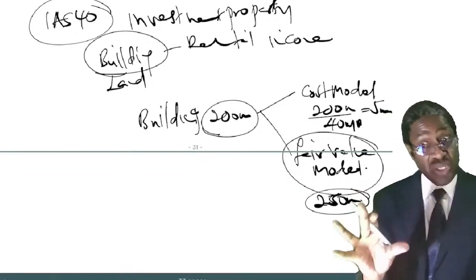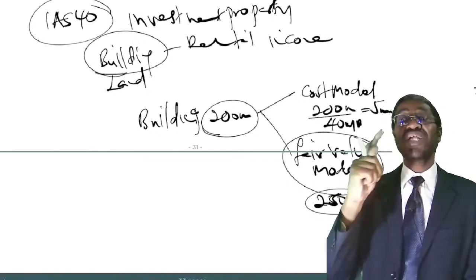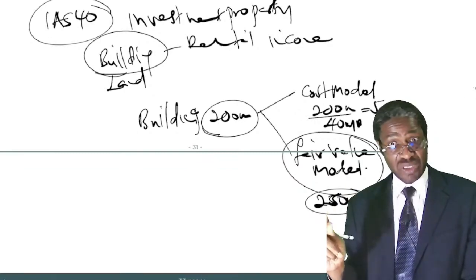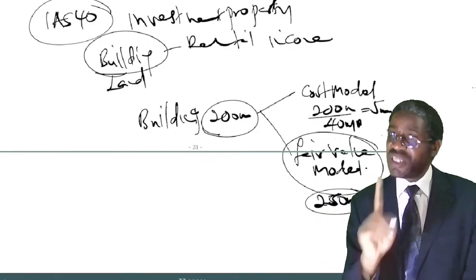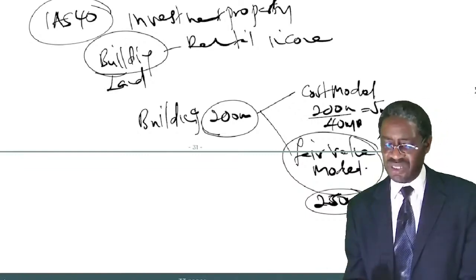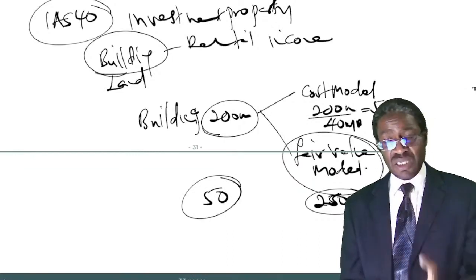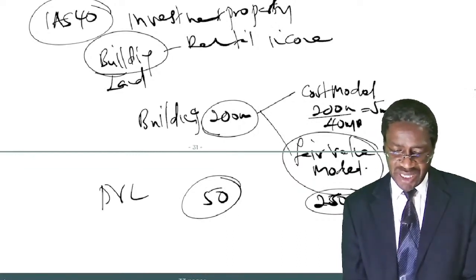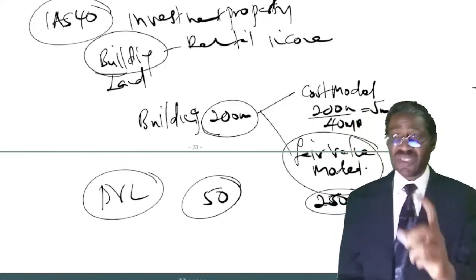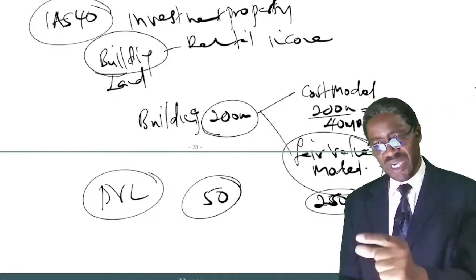So in your books, you will reflect it at 250 million if you choose the fair value model. Then the difference between the 200 and that 250, that difference of 50, which is a gain, you take it to the profit and loss. So that is the fair value model.